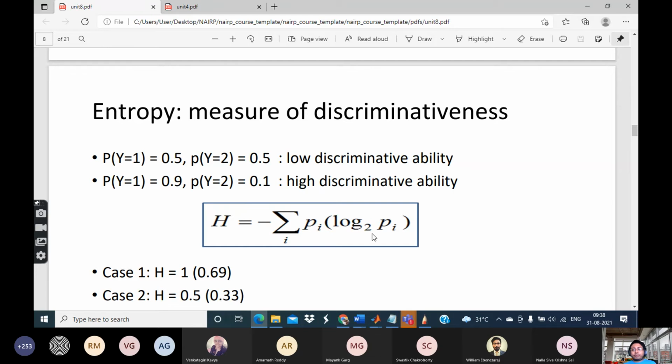Whenever we are considering a continuous distribution, what do we consider instead of PMF? PDF, the probability density function.